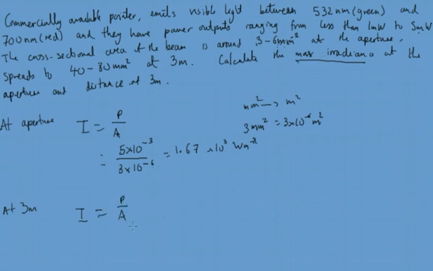This time, the power is the same, so it's still 5 times 10 to the minus 3, but this time we are going to use the 40 times 10 to the minus 6, because as it travels, the beam will kind of, I'm going to exaggerate this, so this is the laser point that sends out the beam, and it will increase like that, so it's going to be a wider cross-sectional area than at the source.